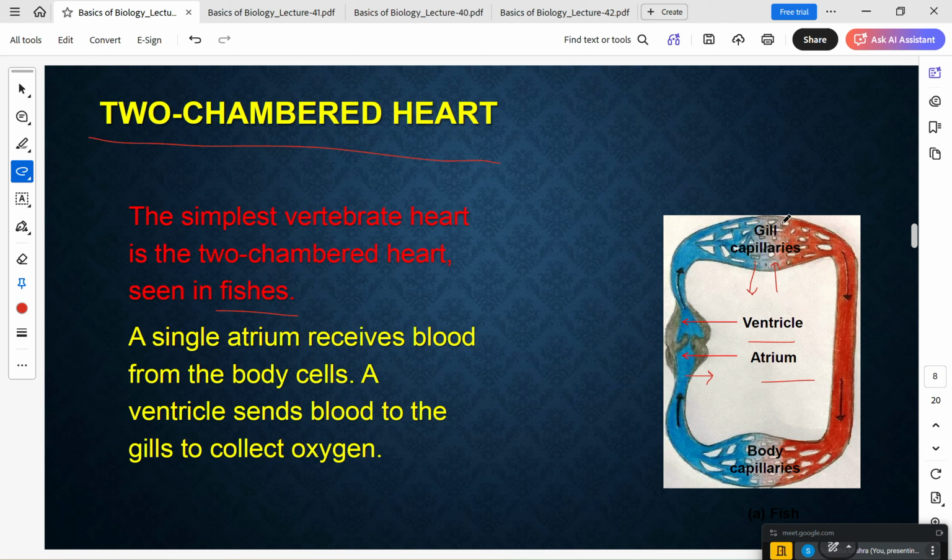This oxygenated blood can then flow through the body and go to the capillaries present at different organs. There is uptake of oxygen by the organs, and release of carbon dioxide into the blood. And therefore, the blood is deoxygenated, goes back into the atrium, and the cycle repeats itself.